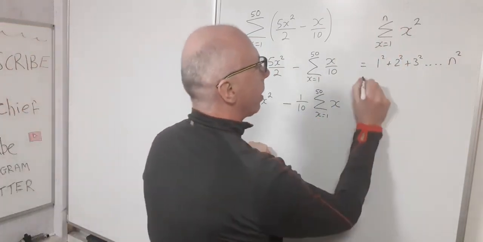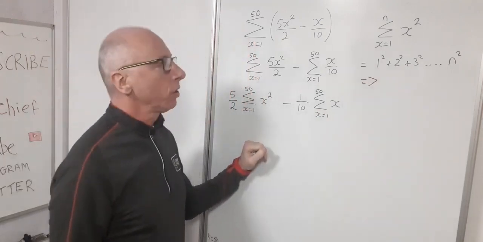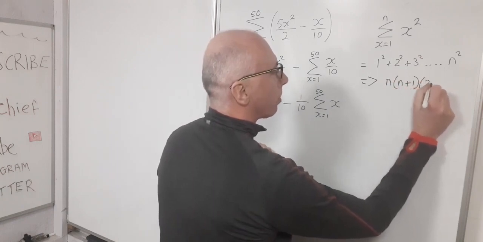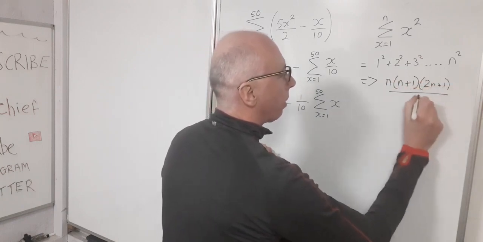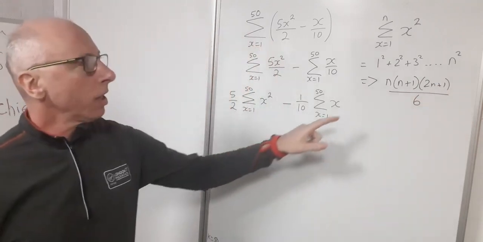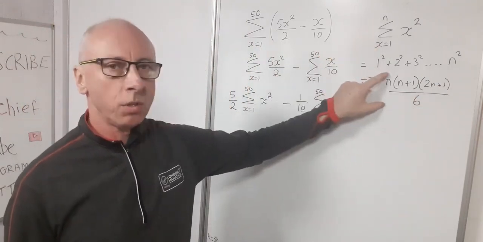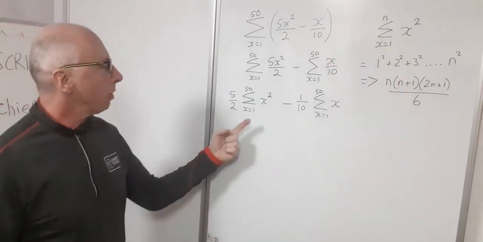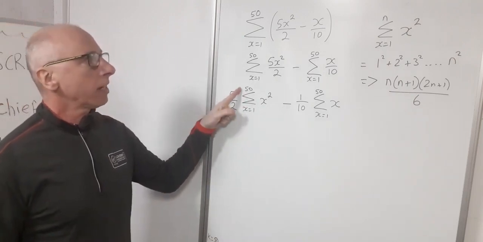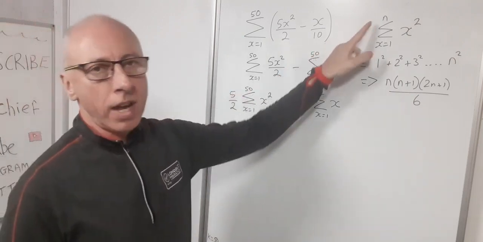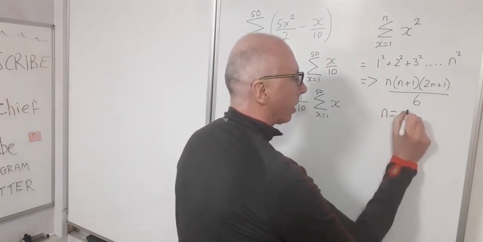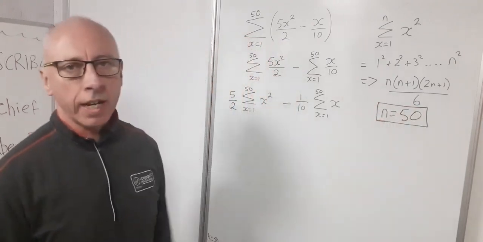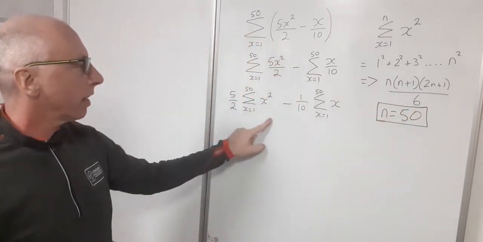That will give us a formula we can use, which is n times n plus 1 times 2n plus 1, all over 6. So long as we know this number here, we can use this formula to calculate the sum of our x squared terms. And from this summation, x equals 1 to 50, our n will equal 50. That's going to be a key part in working out our answer. So that's taking care of that.